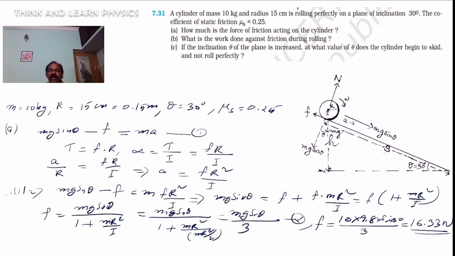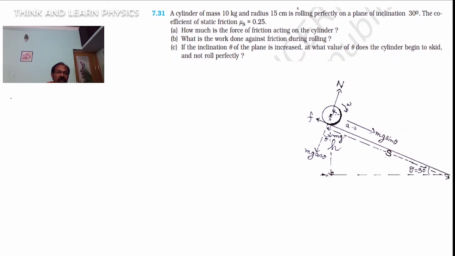What is the work done against the friction during rolling? So let's come to B part. Here the work done against friction during rolling is W equals 0, because the work done for rotation motion will be equal and of opposite sign to the work done in translative motion when the cylinder comes to the bottom.